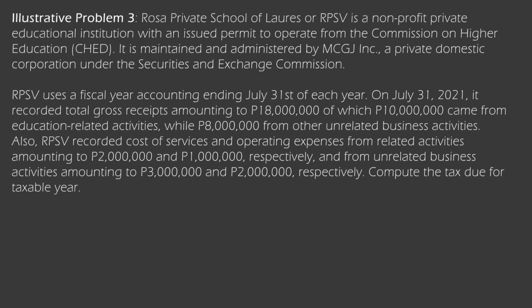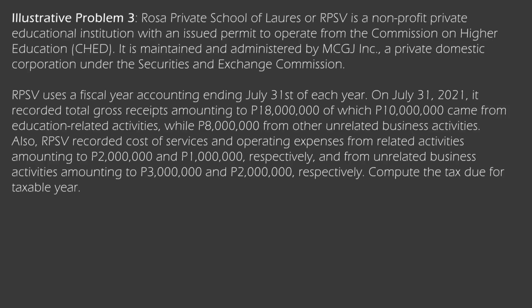In our next illustration, the private school is a non-profit private educational institution with an issued permit to operate from the Commission on Higher Education or CHED. It is maintained and administered by a private domestic corporation under the Securities and Exchange Commission. The private school uses a fiscal year accounting ending July 31 of each year.